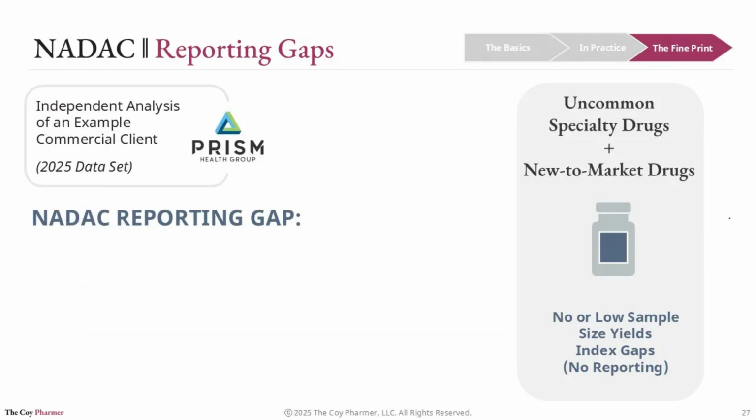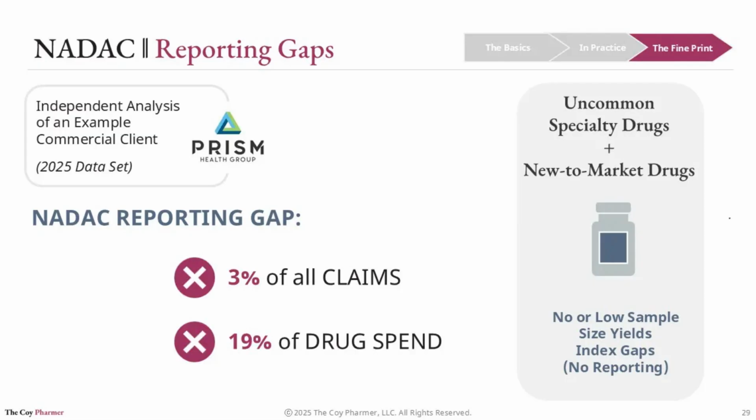As people discuss the coverage level of the NADAC index, a lot of folks focus on the idea that the vast majority of claims tend to be covered by the NADAC index. I want to provide an example here provided by the Prism Health Group, a consulting firm focused on pharmacy benefits. They looked at a representative commercial payer in their block of business and found that approximately 3% of the claims were not covered by NADAC, but in fact, 19% of the ingredient cost for that client was not covered by NADAC.